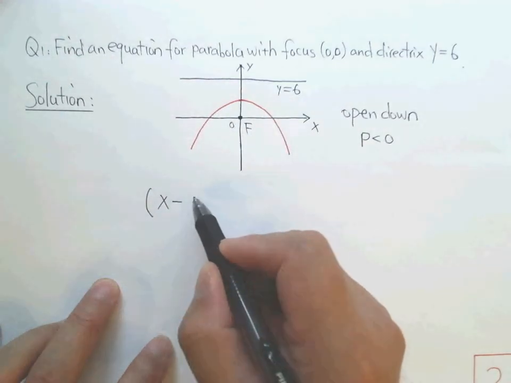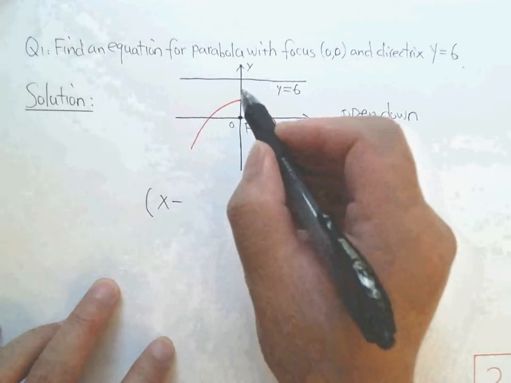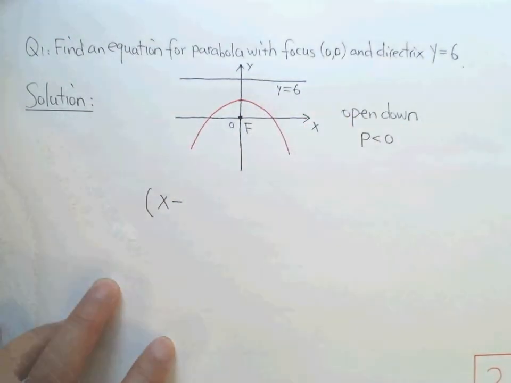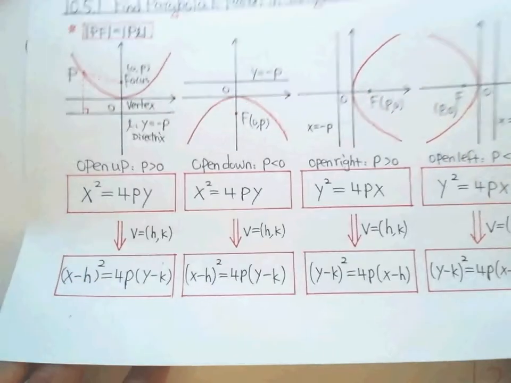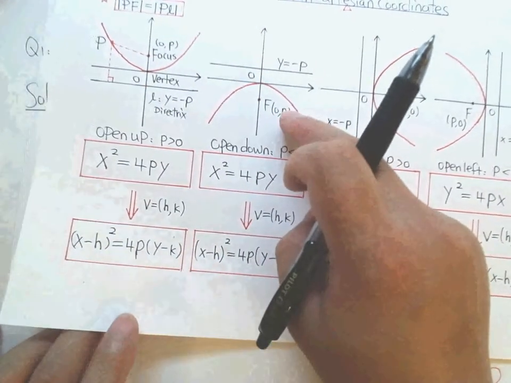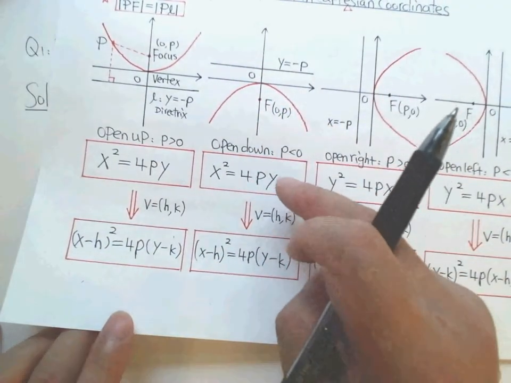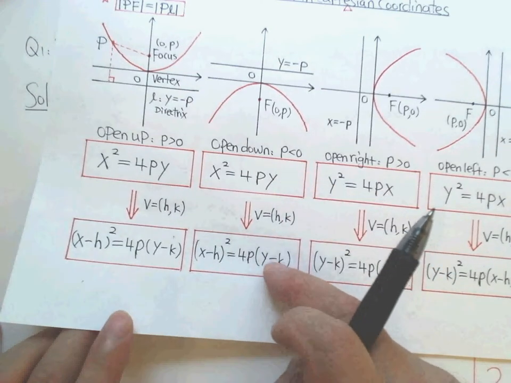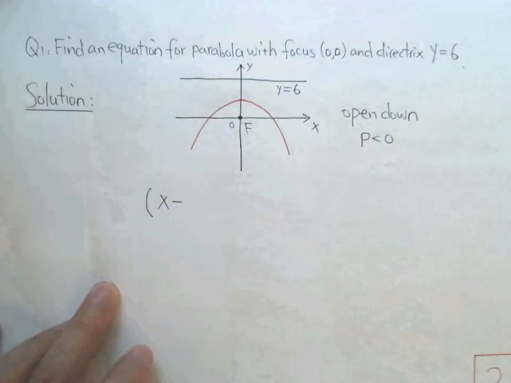X minus. Okay, I use the general one, the last one. Why? Because the vertex is not at the origin. Can we see? So I have a look. Is this the second type? And it is not this standard formula, standard equation. It should be this one, with h and k. Okay.